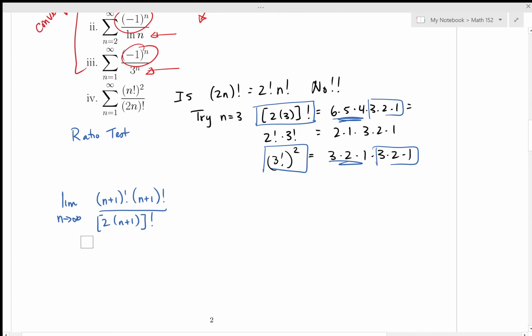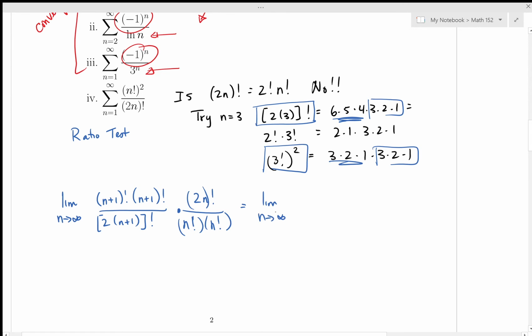I'm going to say that you guys have practiced this a bit. Dividing by a_n means multiplying by the reciprocal of a_n. Like that. That's the limit as n goes to infinity.